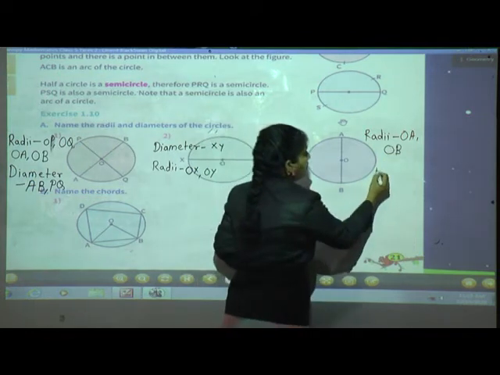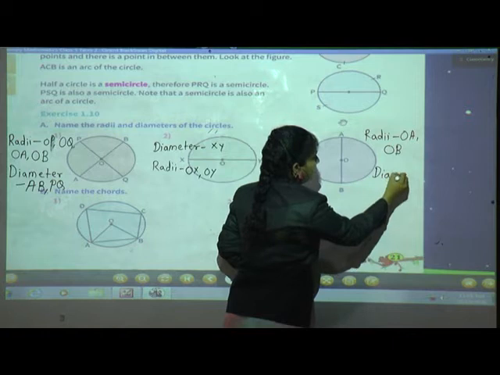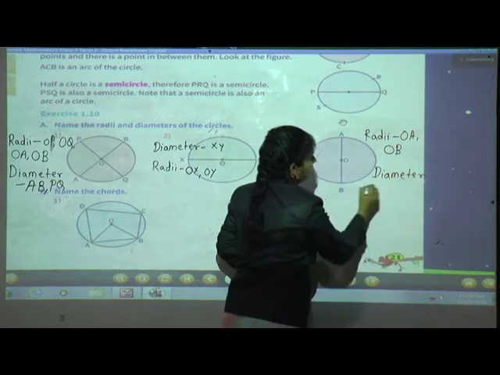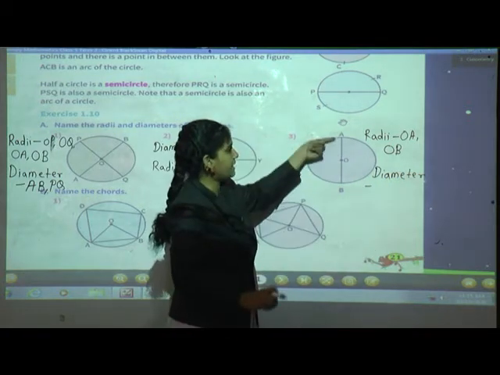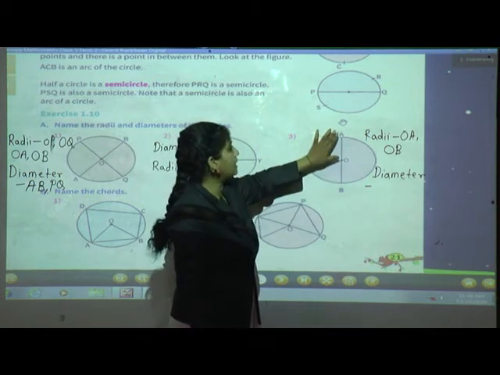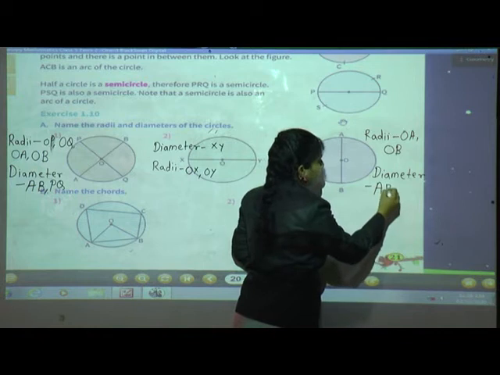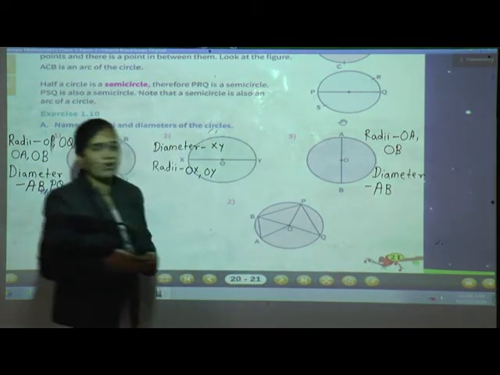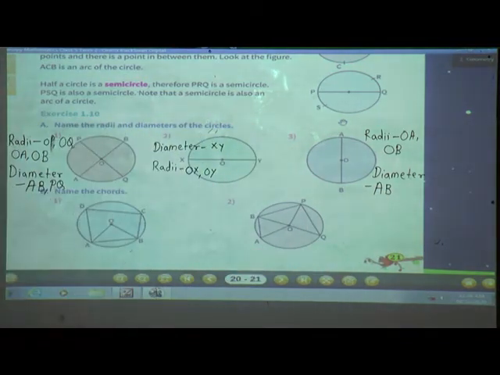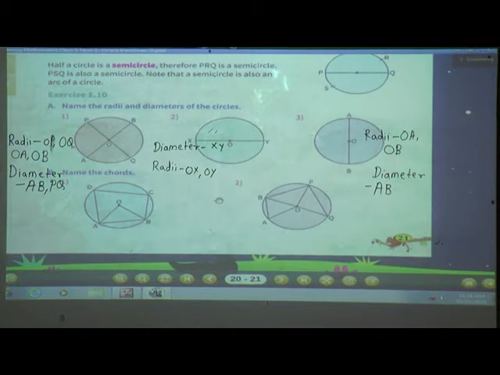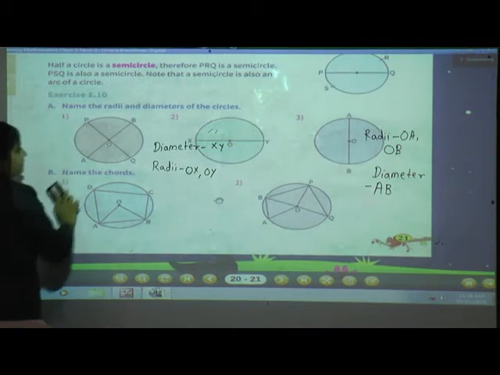Then which one is a diameter here? Yes students, AB is passing through point O, so that's why AB is a diameter and its end points are on the circle. Now students, we'll see our next question. Name the chords.